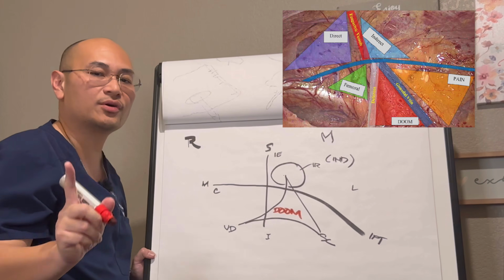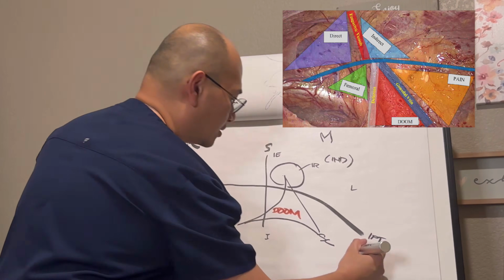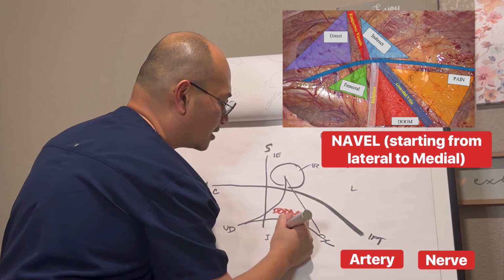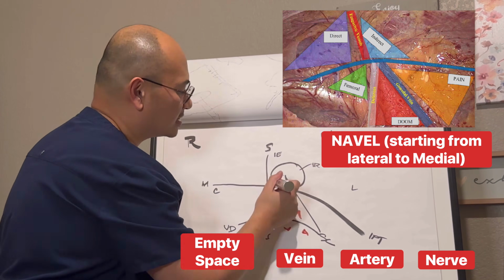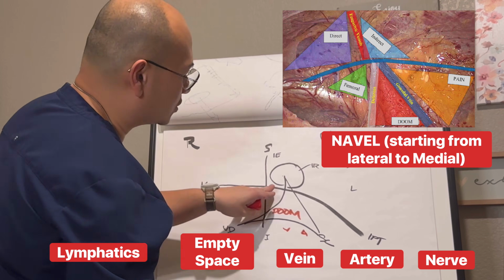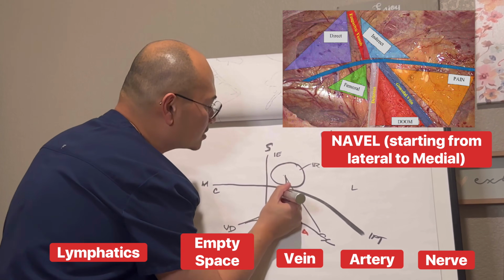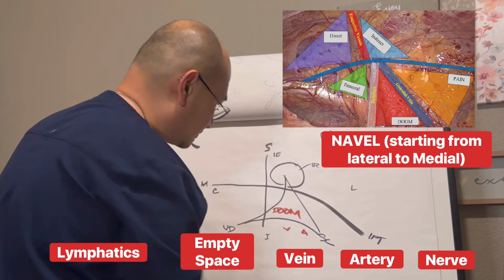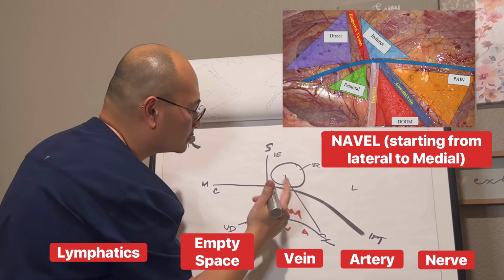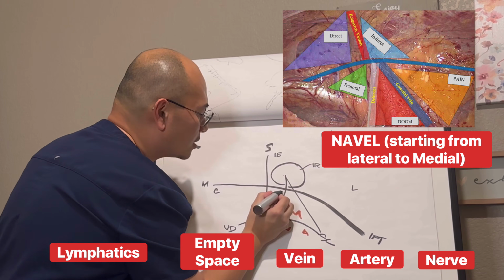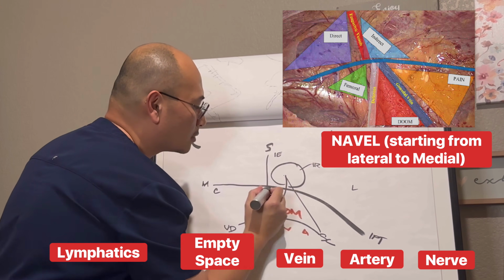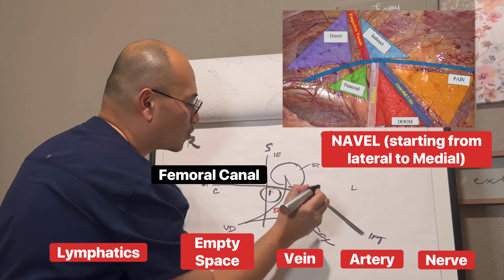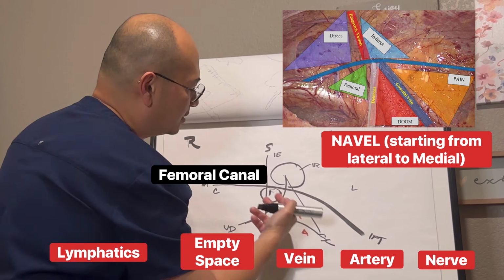So remember the term NAVEL: nerve, then we have our artery, and then vein, empty space, and lymphatics. Where do lymphatics go? Well, lymphatics go down here. Actually, go back to the block. Down here. And this is going to be where your femorals are. Artery and vein.